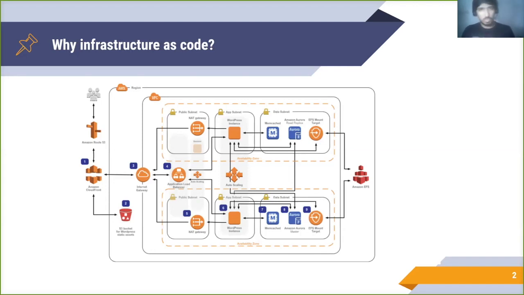When a scenario like this happens, the easiest thing we can do is go to the AWS console and implement all of this using the console. While doing that, we might need to maintain documentation so that we don't miss anything, and when someone new joins the team, they can follow it.